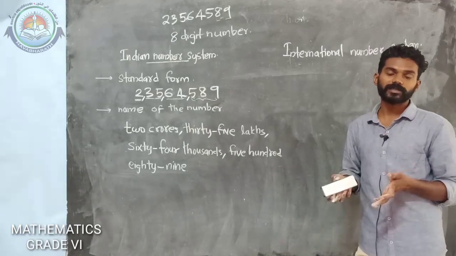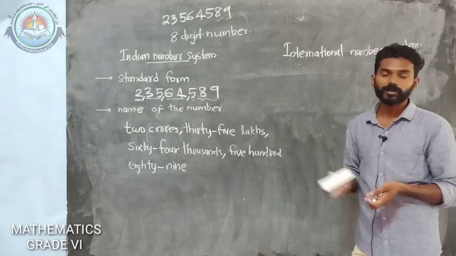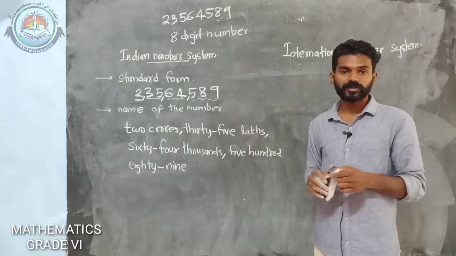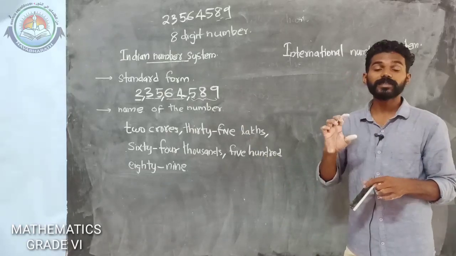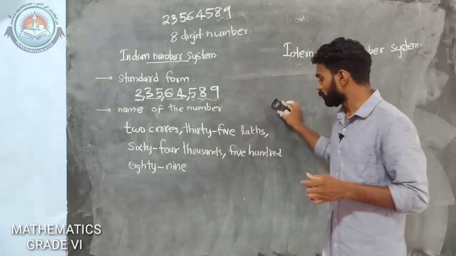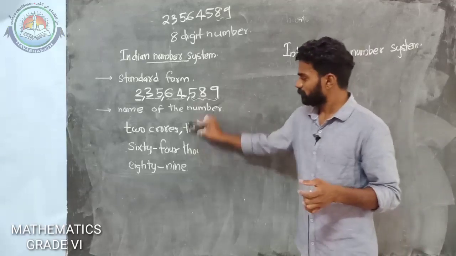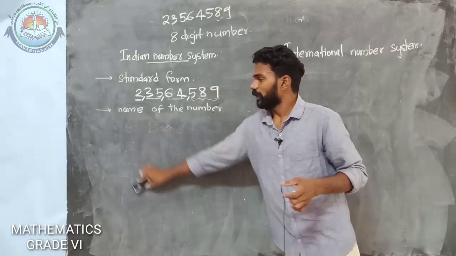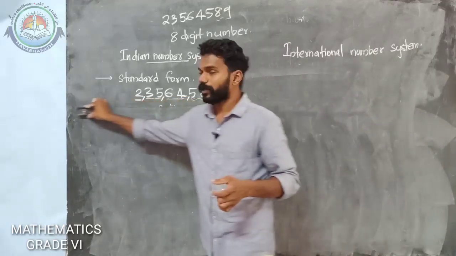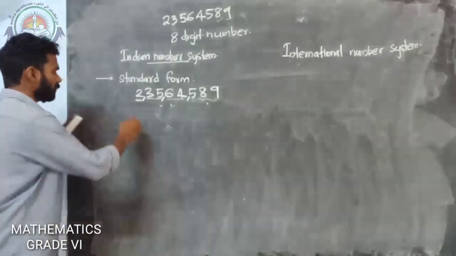So what is next? Now you should express this number in its expanded form. So the next is expanded form of a number. Just listen here.